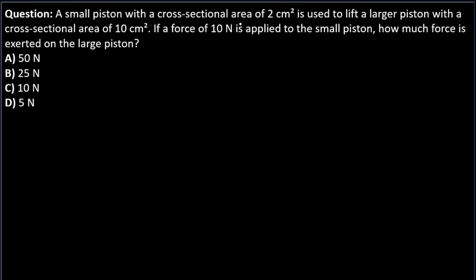Here the cross-sectional area is 2 centimeters square for the small piston, so AS equals 2 centimeters square, and for the larger piston, AL equals 10 centimeters square.